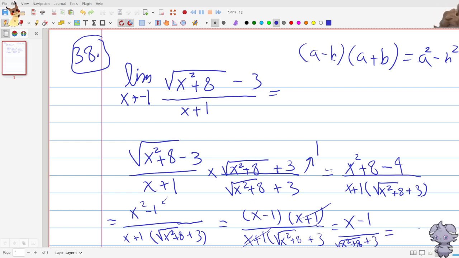If we plug in the numbers, we get minus 2 over 6, which is minus a third. That's our limit. So these are the three limits that I did in Thomas' Calculus.